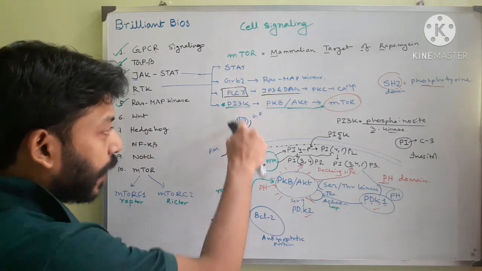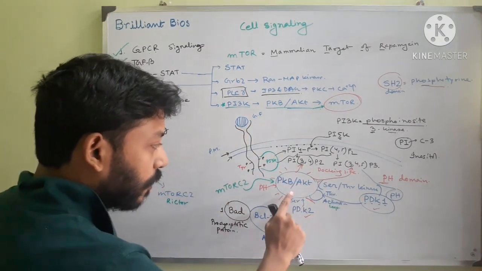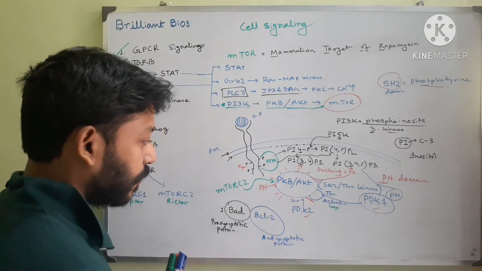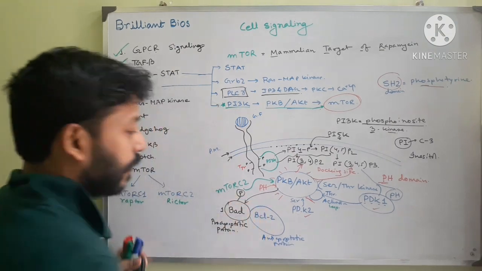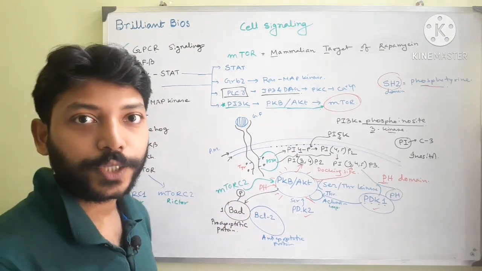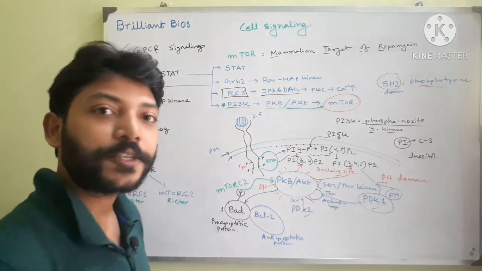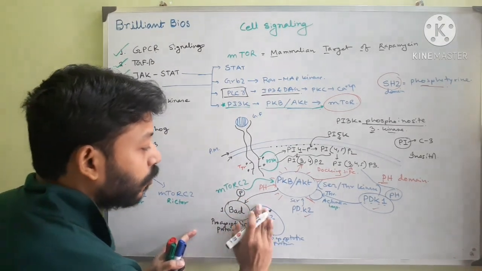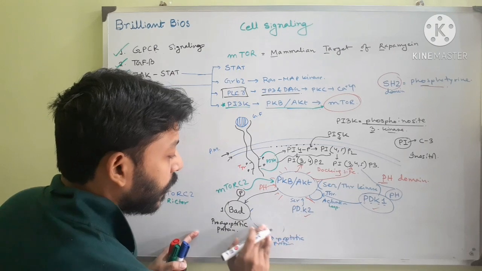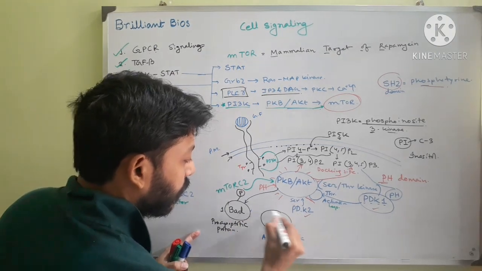But when growth factor binds, when this chain reaction occurs, when PKB gets activated, PKB phosphorylates BAD at the serine or threonine position, because it is a serine threonine kinase. When BAD gets phosphorylated, it no longer binds with BCL2, and BCL2 is released and becomes activated.